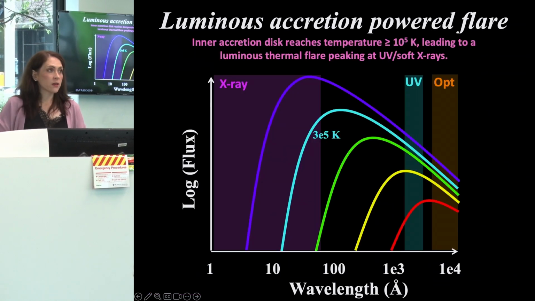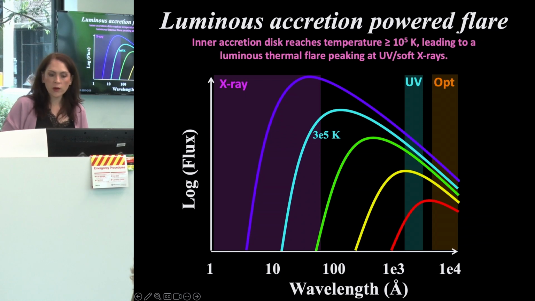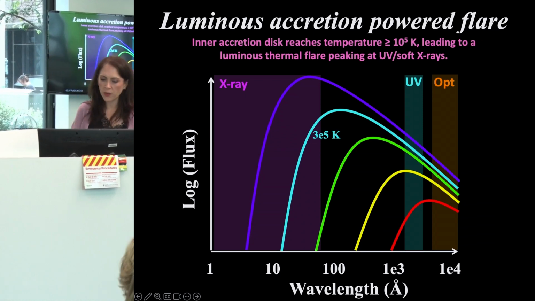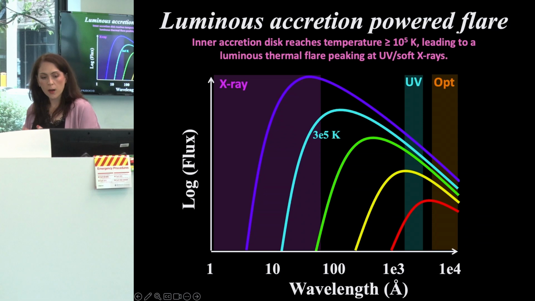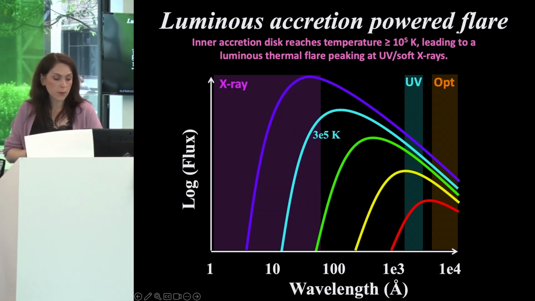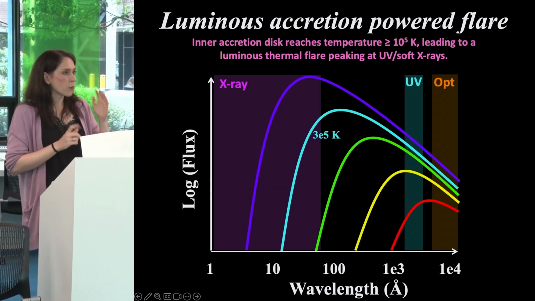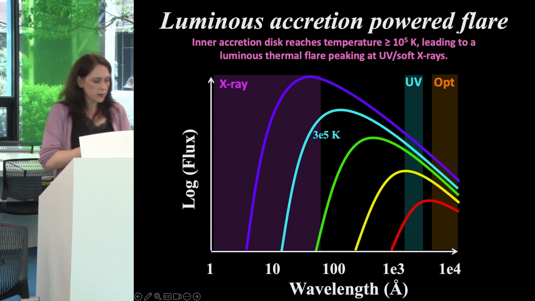And so when we detect an emission from a tidal disruption event, this emission usually peaks in the optical, UV, or even the soft X-rays for some events, but most of them occur in this optical UV band.